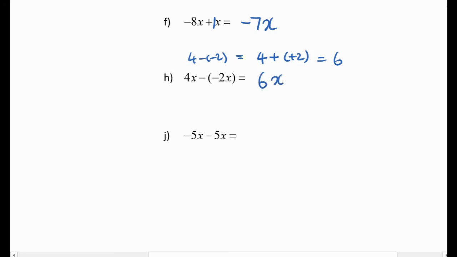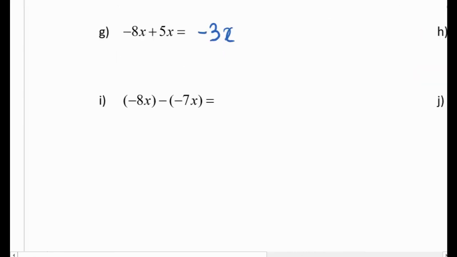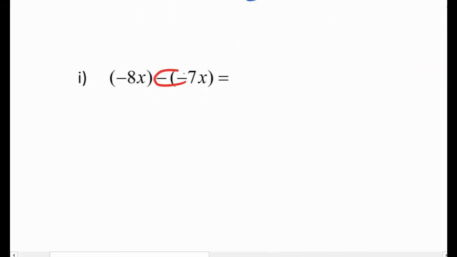So everyone, remember this. I'm going to let you know how to do this using a shortcut. When you have negative and negative signs together, it becomes positive. So it's the same as 4x plus 2x. Next, negative and negative together becomes positive.